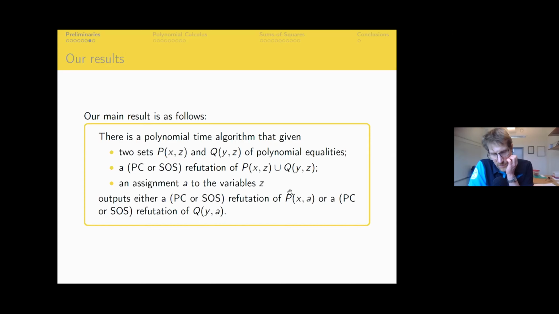So you're saying if I chose a restriction that actually falsifies both of them, then you're still able to extract the refutation of just one side. Kind of. Is that one way of viewing it?